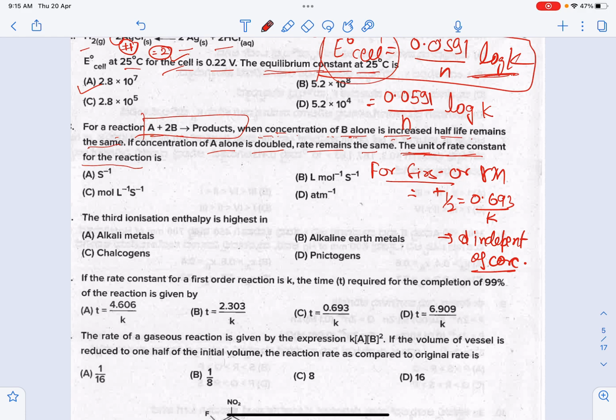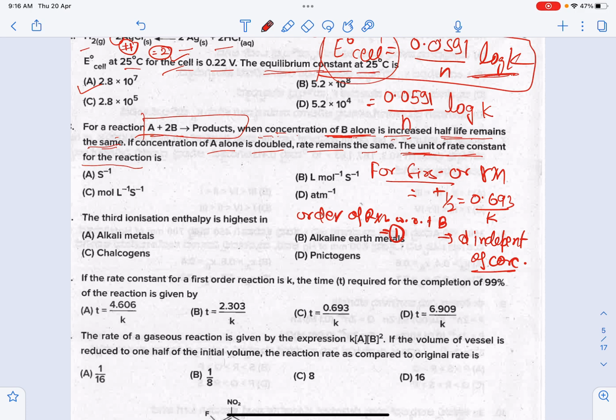So we can say that the order of reaction with respect to B will be 1, because when we double the concentration of B, there is no change in the half-life.